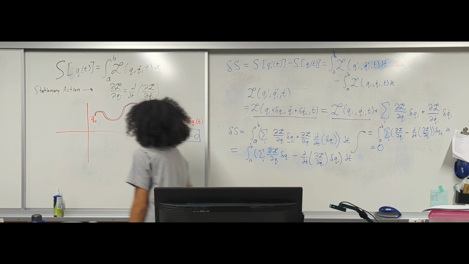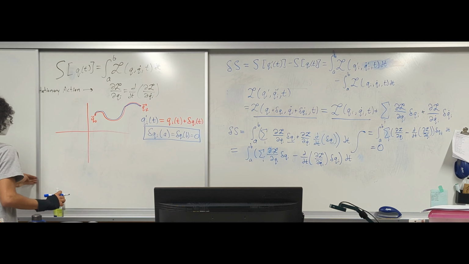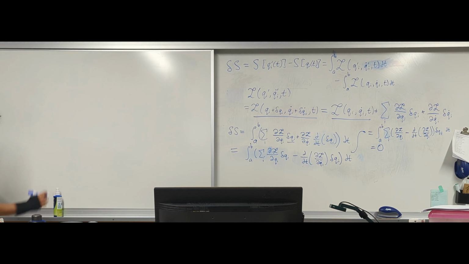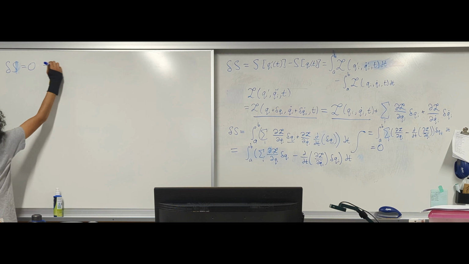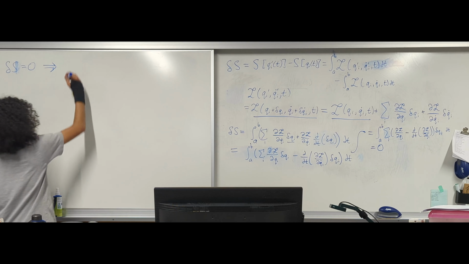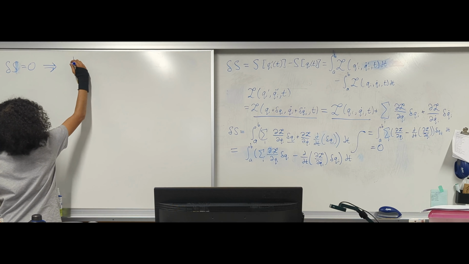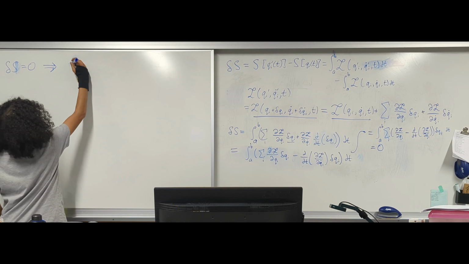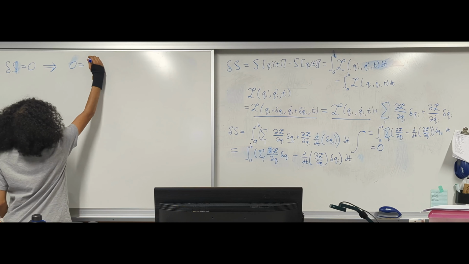So what we get from that is that delta S equals 0 implies that for each degree of freedom, we get this equation.